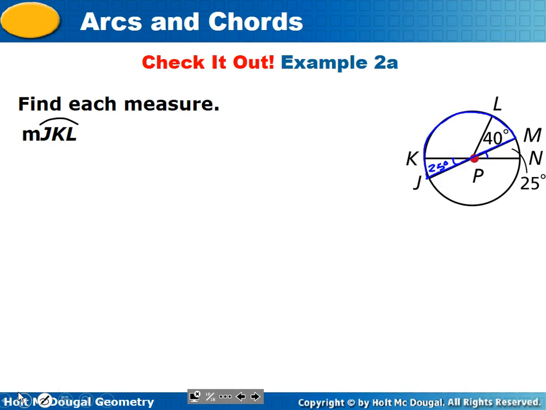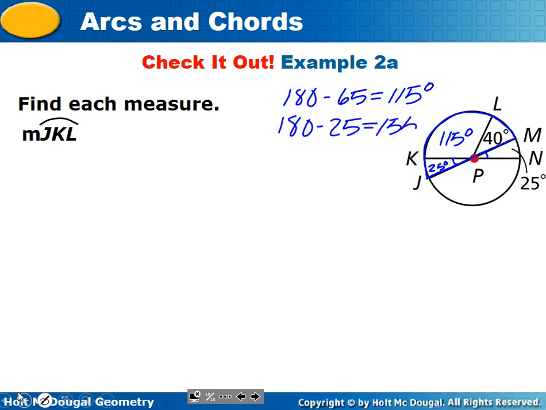So I could add the 25 and the 40, that's 65. Subtract that from 180, minus 65. That gives me 115 for this one up here. I have the same thing down here, only this time it's 25, so I'm going to do 180 minus 25, and that's 155.